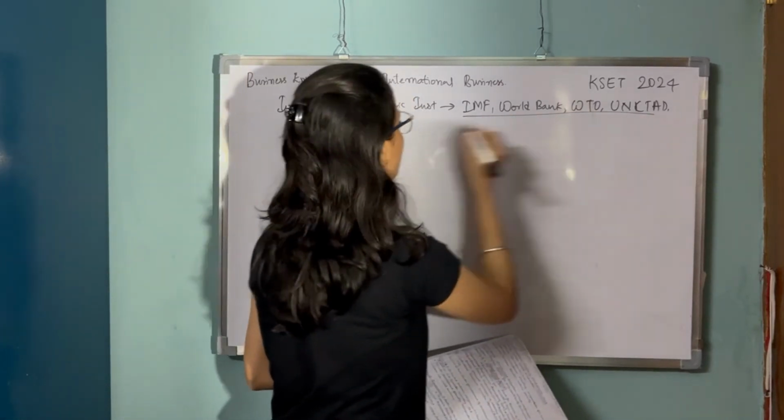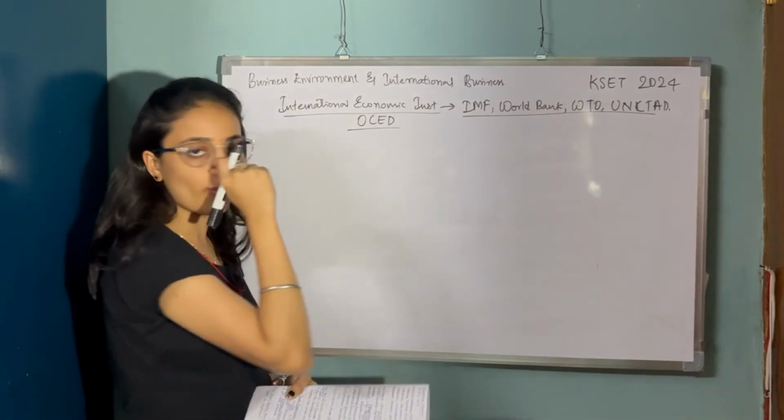So these are 5 important international economic institutions.